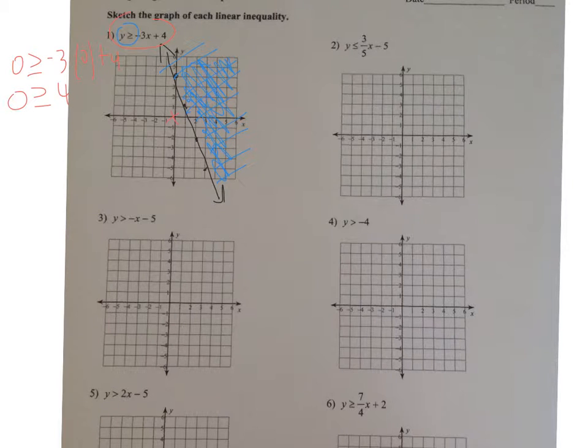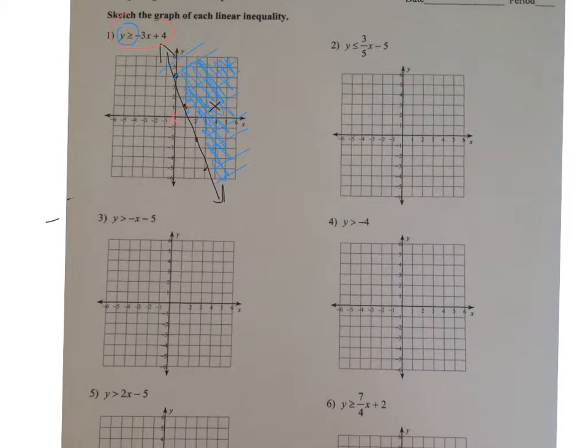And if you wanted to, you could pick a point in there, say 4, 1, and put it in the inequality and see if it makes a true statement. Is 1 greater than or equal to negative 8? It's true, so therefore we will be shading the area that we did in blue.